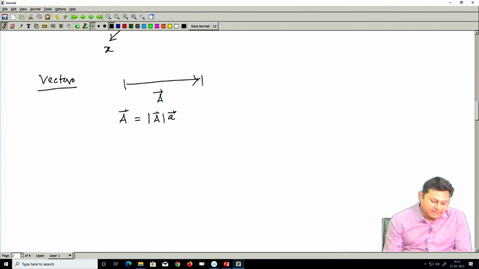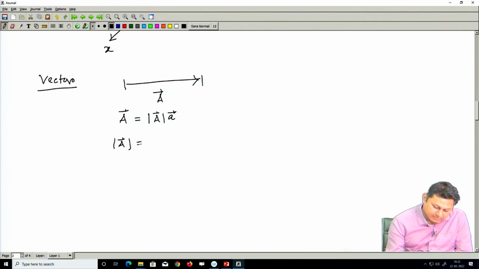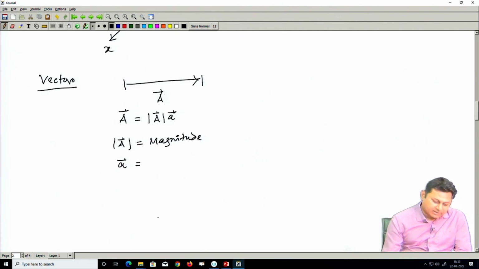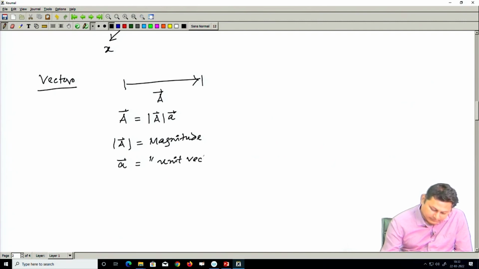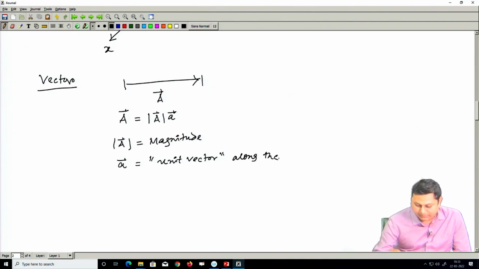Now, in this expression, A is the magnitude, and the other factor defines the direction, and that should be a unit vector along the direction of the vector I defined.